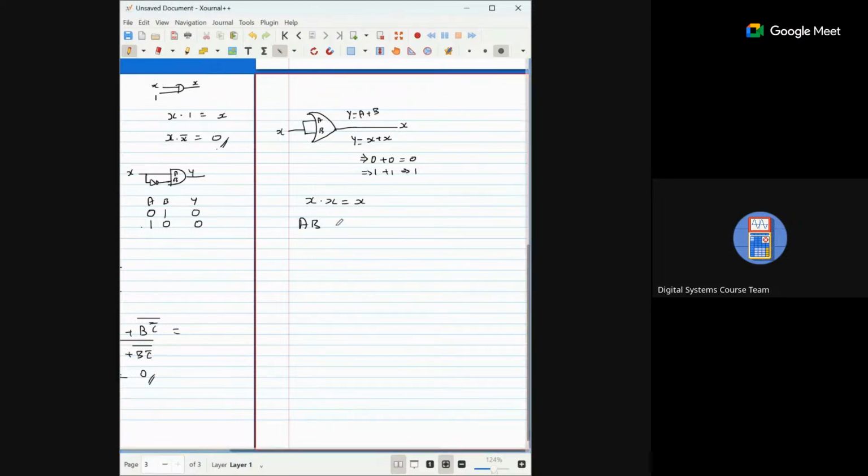Let's take some elements. AB plus, okay, A plus, let's have it like this. What is the answer? How many gates are required?